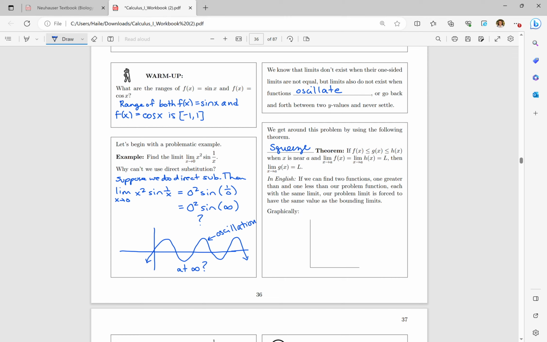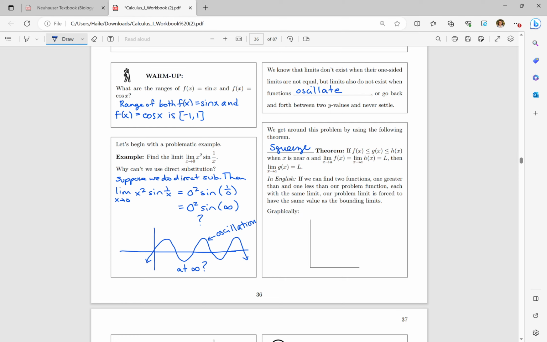The squeeze theorem says if we have some function g between two functions f of x and h of x when x is near a, and the limits of those two outside functions are equal, then the limit of the middle function is equal to those two values. So in English, if we can find two functions, one greater than and one less than the function in our problem, each with the same limit, our problem limit is forced to have the same value as the bounding limits.